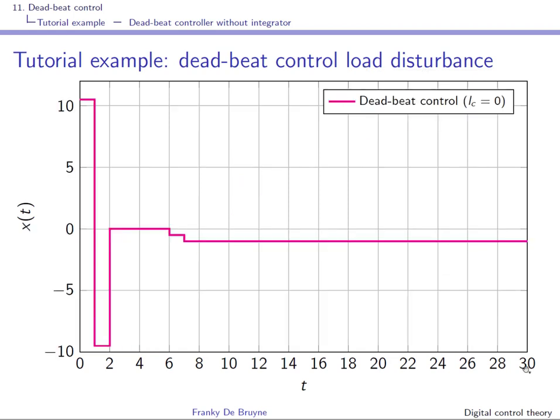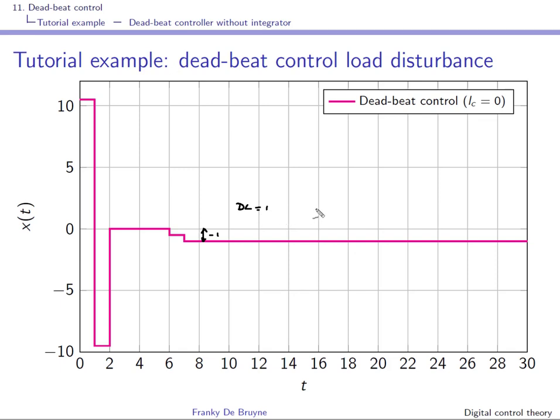Well, this is the control energy that is associated to this load disturbance response. Again, this is in Matlab because we have the control energy only at the sampling instance, and you can see here that the output of the controller stabilizes to -1. This is to compensate the load disturbance that is 1, so the sum will be 0.